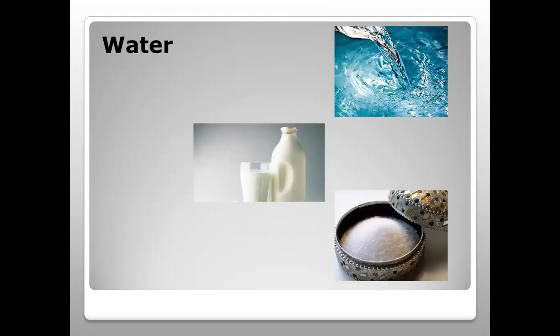No, I can't count water. I can't say one water, two waters. So water is an uncountable noun. Okay. Milk. Can I count milk? No. So milk is an uncountable noun. Sugar. I can't count the sugar too.